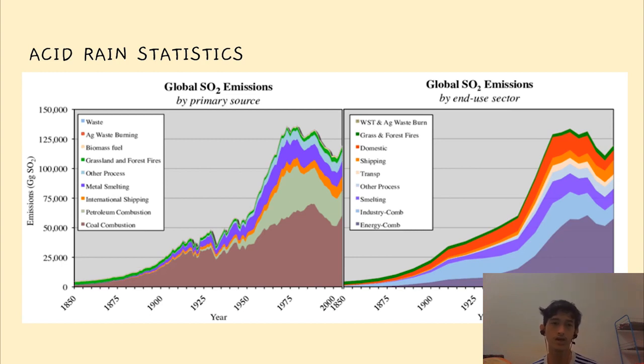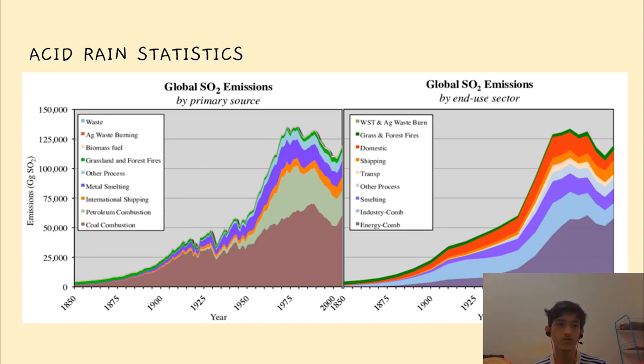Now I will explain about acid rain statistics. From these two graphs, we can see the increase of sulfur oxide emission from the year 1850 up till now, 2000. We can see the emission of sulfur dioxide has increased many times compared to a few decades ago.